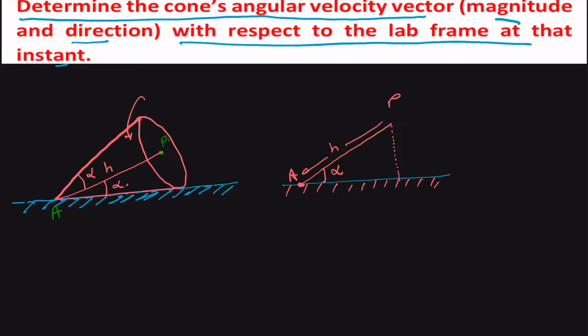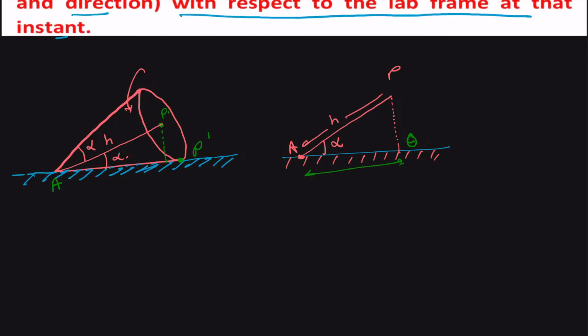Therefore, let us call this point P prime. The contact point is our P prime. And the perpendicular which we dropped down, let us call this Q. So this length, that is our AQ, will be h cos alpha.